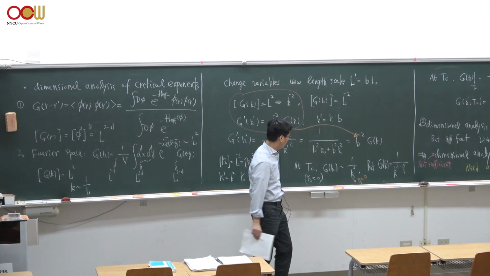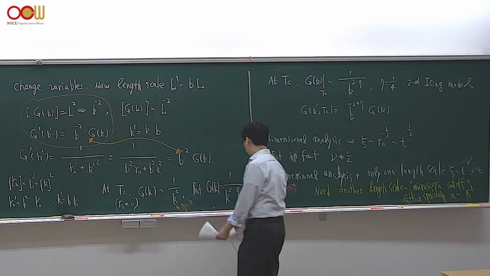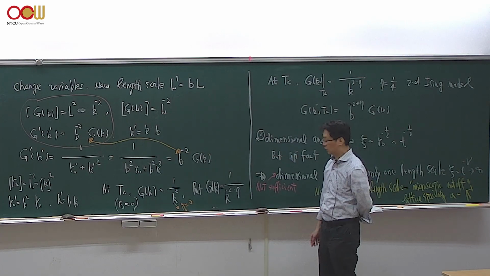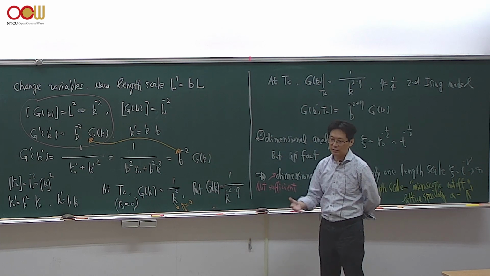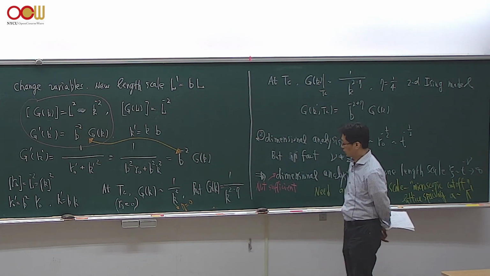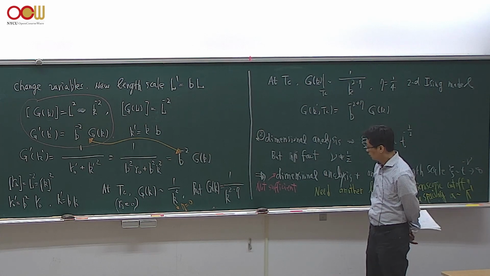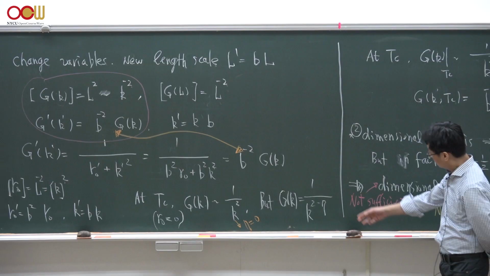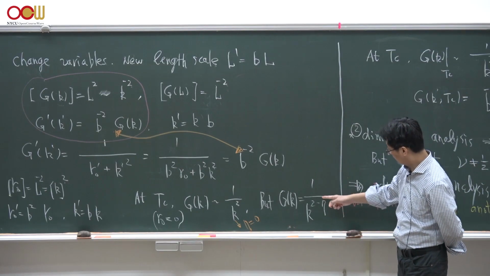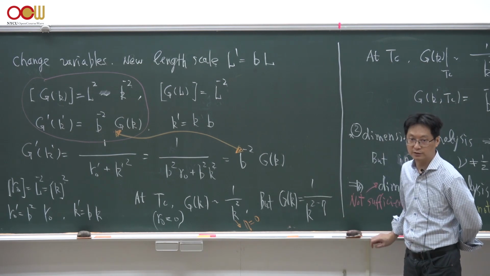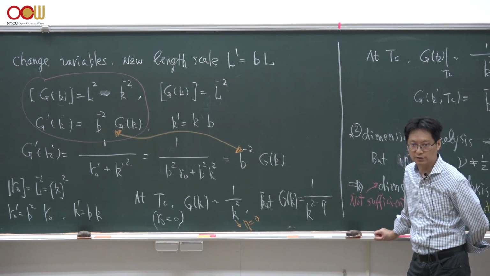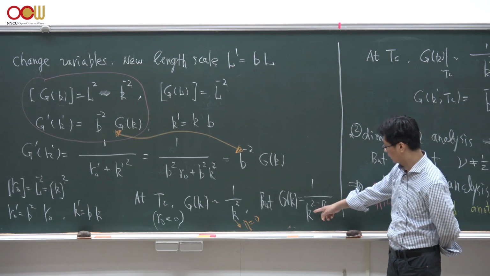However, as we pointed out some time ago, the real Green's function corresponding to the correct or rigorous solutions of this Ising model, and some related models, oftentimes carries an extra exponent called the anomalous exponent eta, apart from this 1 over K squared dependence.